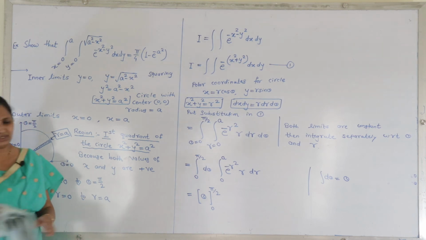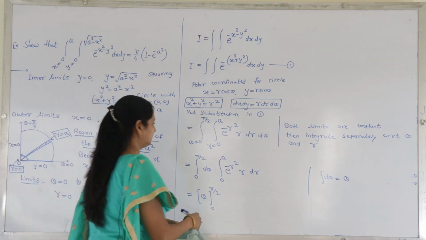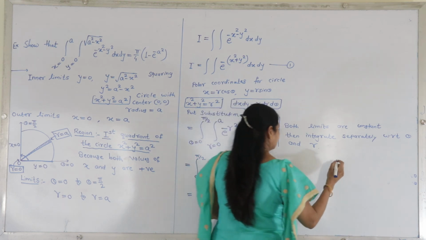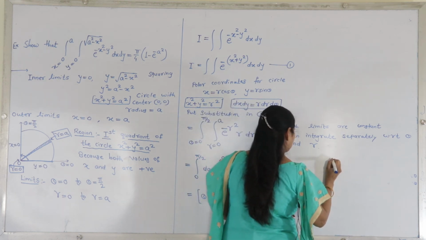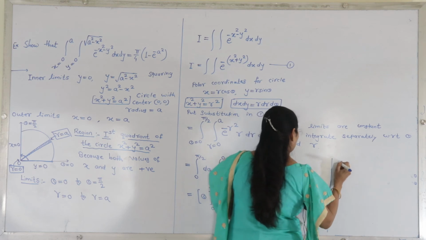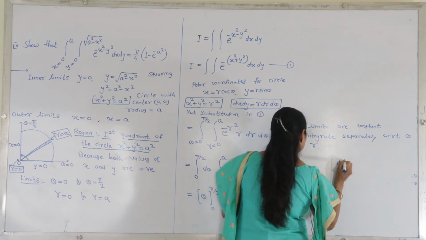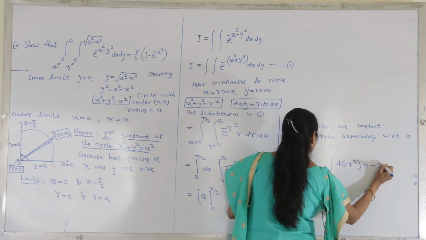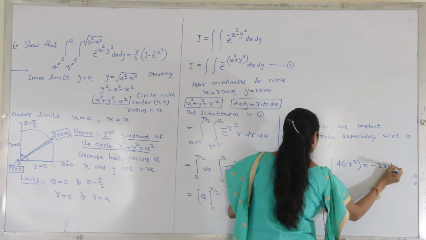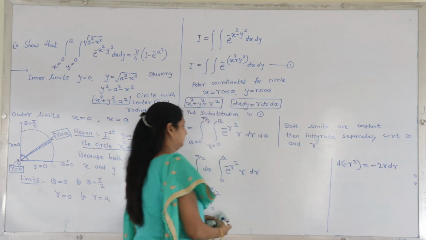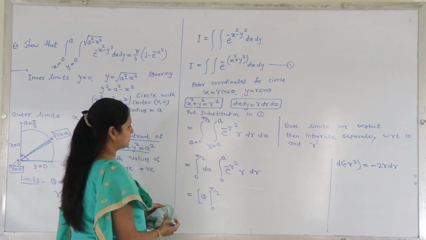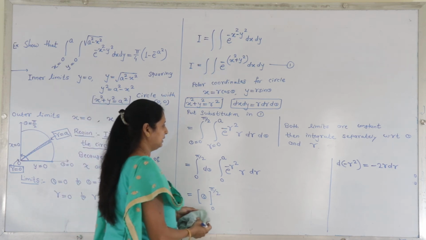You can take substitution also, but the easy method is, suppose the derivative of minus r square is minus 2r dr.